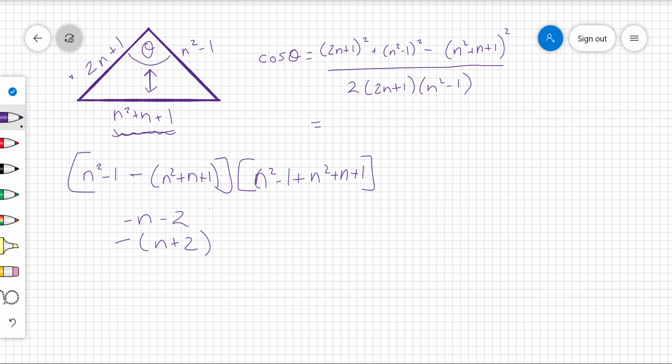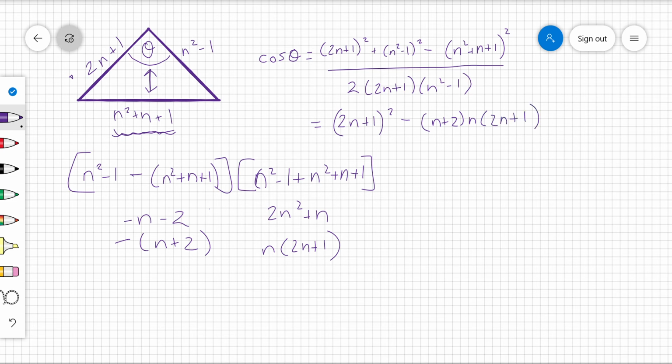In the second bracket, I've got 2n squareds and n. That's also, let's make it an n, 2n plus 1. All right, so then I've got, in essence, 2n plus 1 squared plus minus n plus 2 and 2n plus 1.